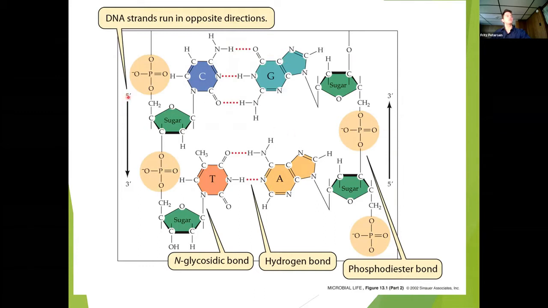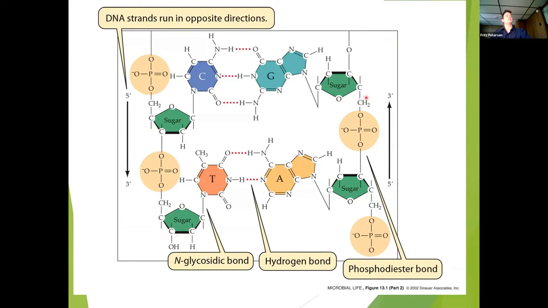The one runs 5' to 3'. Again, this is the carbon, so it's 1, 2, 3, 4, 5. And the other one runs from the 5 to the 3, because here, if you count at the bottom, it's 1, 2, 3. There's your third one. So it's from the 5' to the 3', and the other one is the inverse of that.